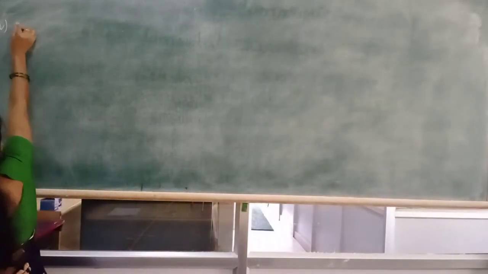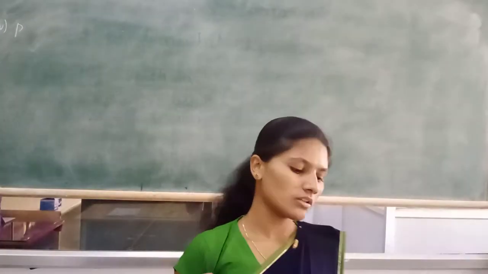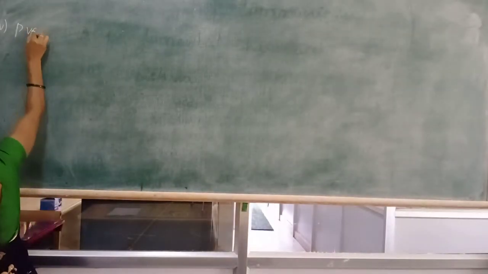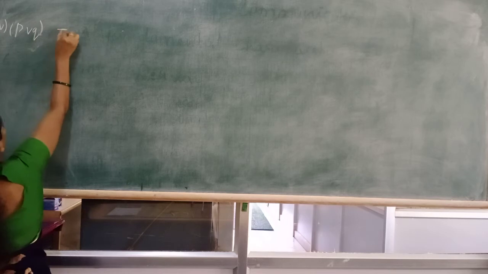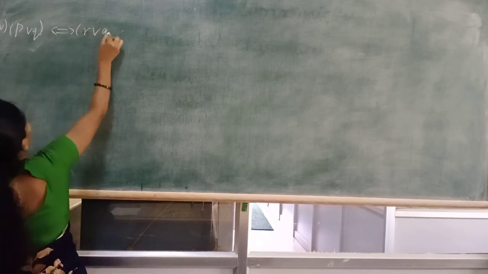In the fifth problem, three statements are given, and using them we have to construct the truth table. The fifth problem is (P ∨ Q) if and only if (R ∨ Q).